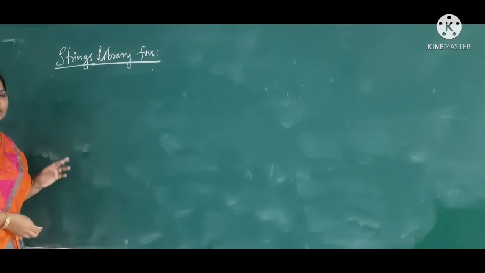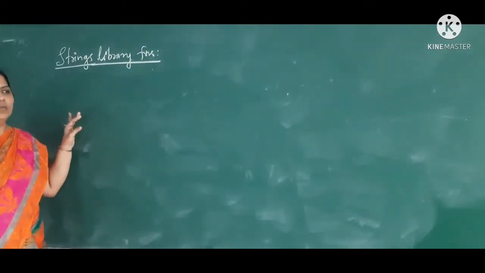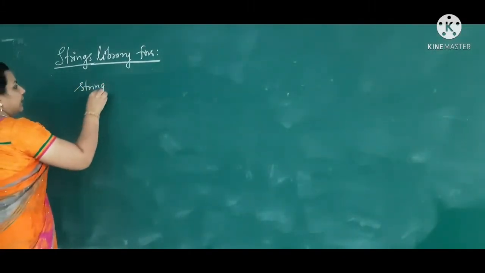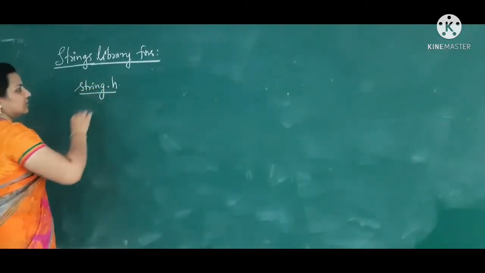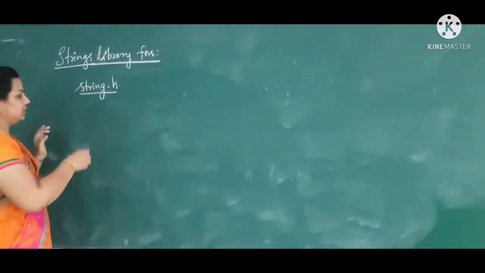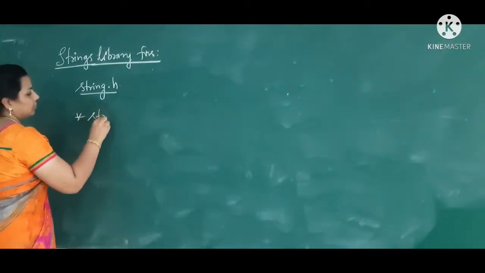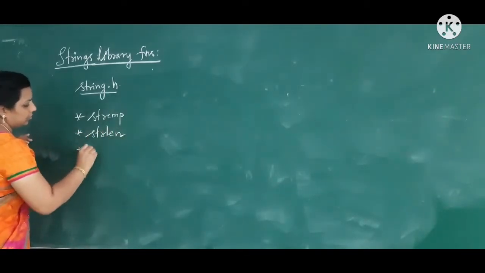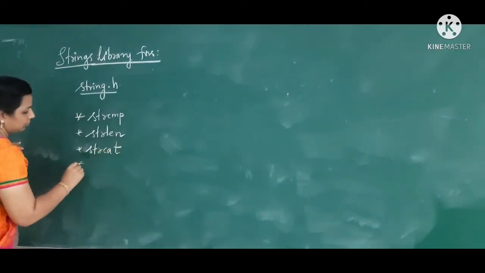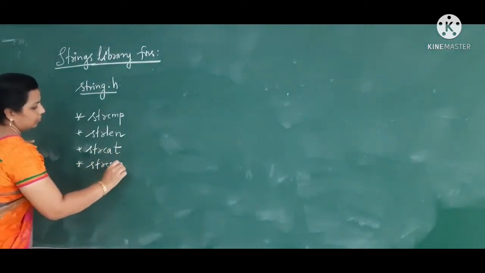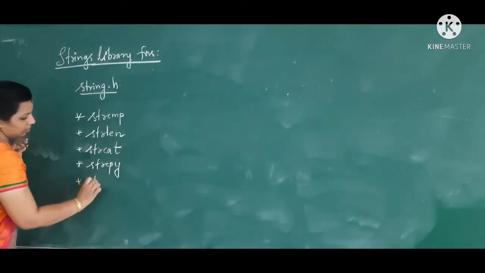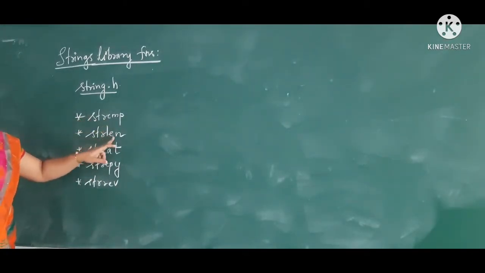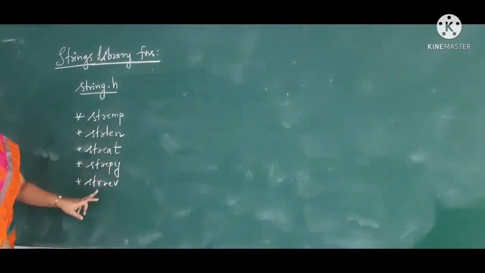Now let us see some of the string library functions. There are some predefined library functions defined in the header file string.h. This header file contains a list of library functions like string compare, string length, string char, string copy and string reverse.